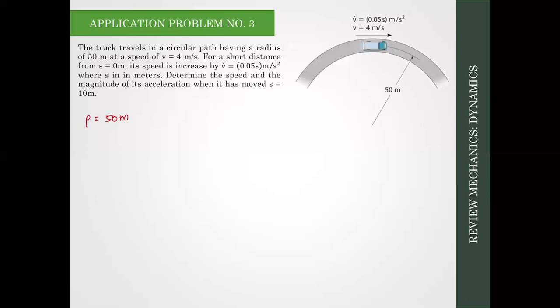Divide natin dun sa rho natin na 50. Okay. An natin will be equals to 0.42 meter per second squared. So acceleration natin, square root lang ng normal squared plus 0.5 squared. A natin will be equals to 0.653 meter per second squared. And this will be our answer for this problem.